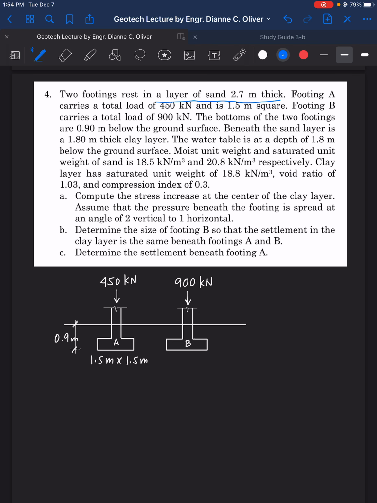So, meaning, if that is 2.7 meter thick, therefore the sand is having this thickness. So it's 2.7 meter thick.